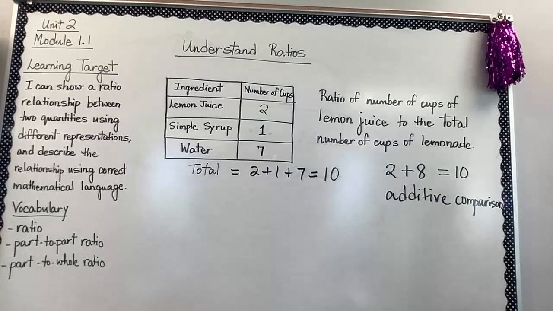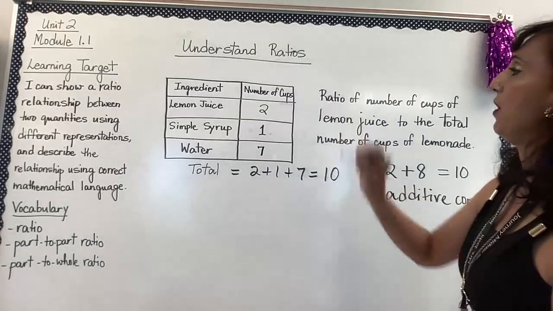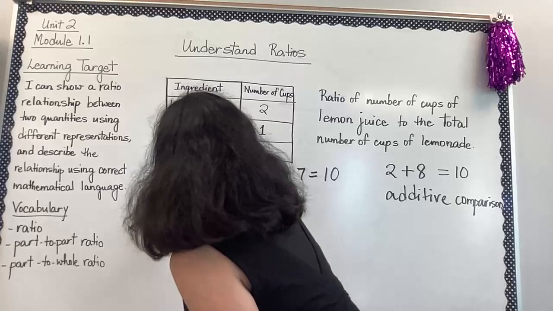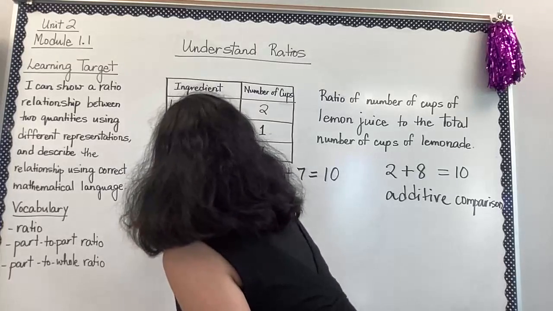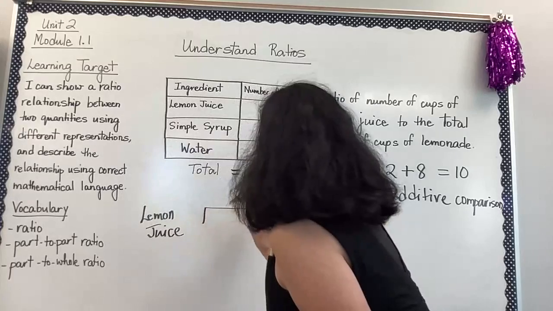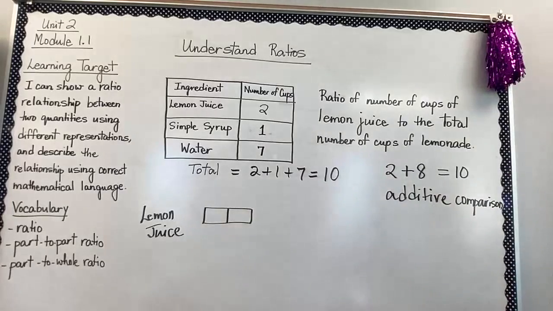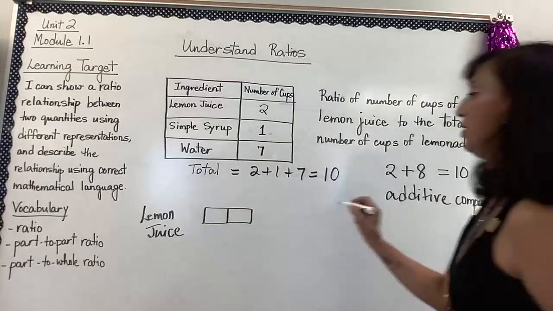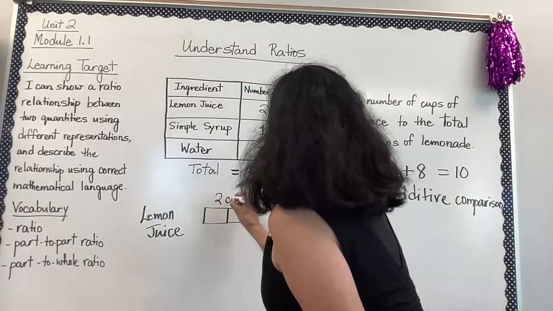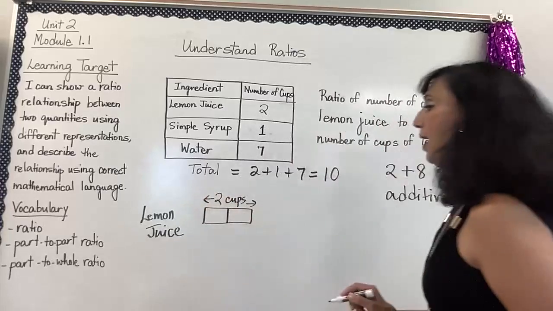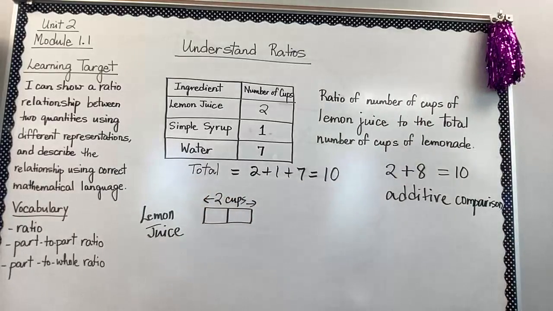All right. So if I have 2 cups of lemon juice, so this is my lemon juice, and I have 2 cups of lemon juice. So this whole thing is 2 cups. And then I have 8 more cups of lemonade than lemon juice, right?